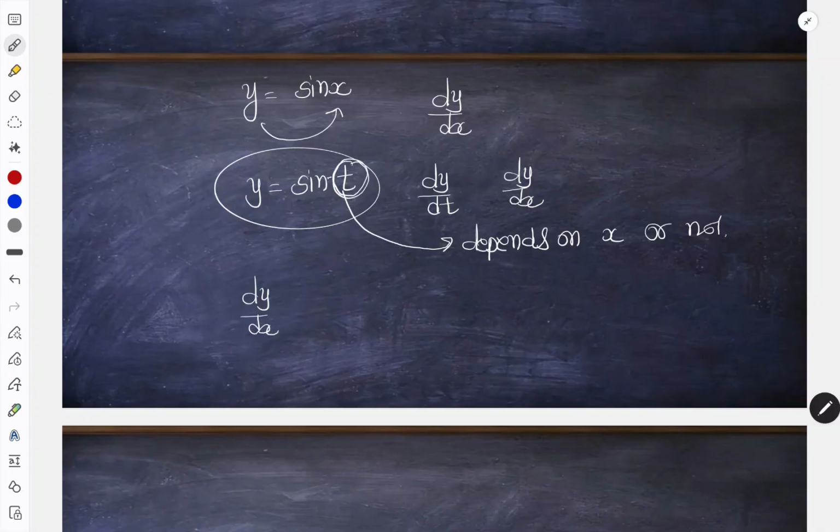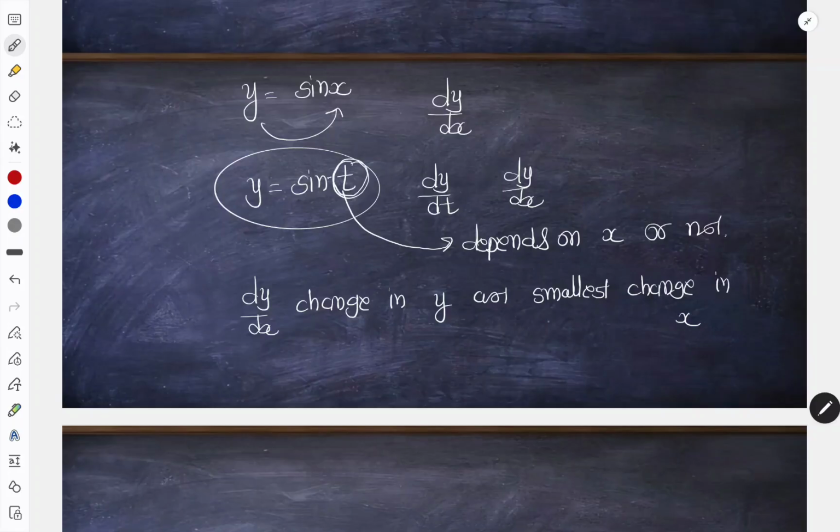Dy by dx means change in y with respect to the smallest change in x.